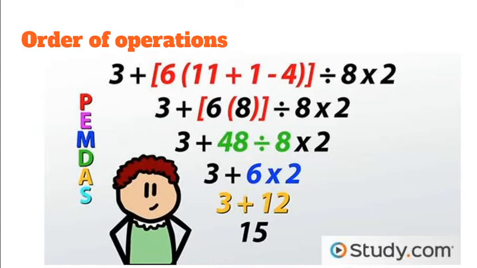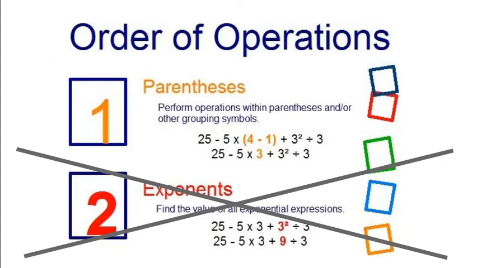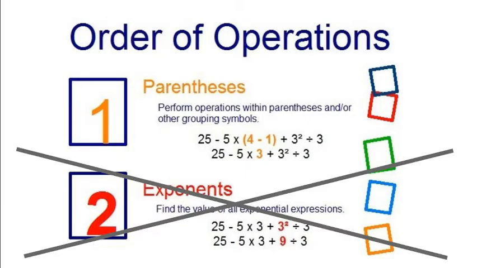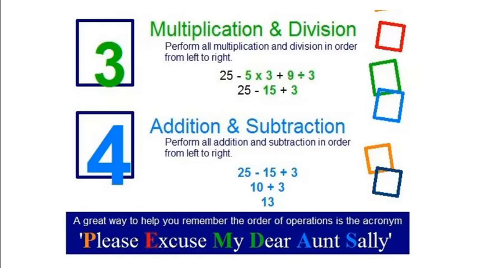Now, we're not working with exponents either, so you can just skip that step. Then you go to multiplication and division, and then addition and subtraction. You need to know that's the order of things that you do them in. So again, first we do parentheses, then we do multiplication and division, and then addition and subtraction. Again, we're not going to be working with exponents, okay?